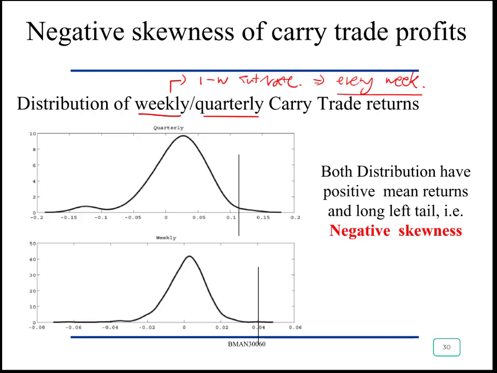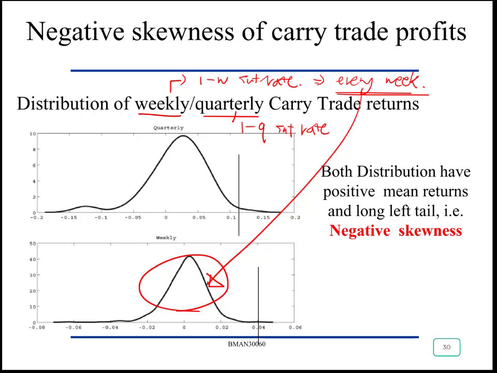You compute the mean, and this is the histogram based on those repeated weekly carry trade returns. We can do the same thing using the 1-quarter interest rate. You rank each country based on the 1-quarter interest rate, borrow the low interest rate currency, invest in the high interest rate currency, keep doing that every quarter and compute the returns. This is the histogram based on that quarterly carry trade strategy.